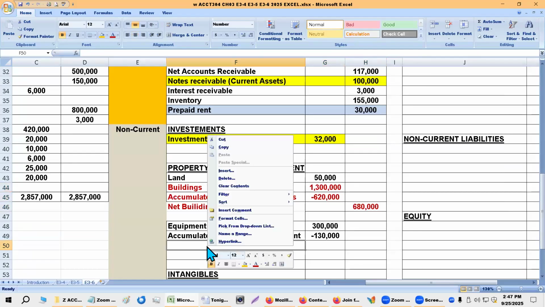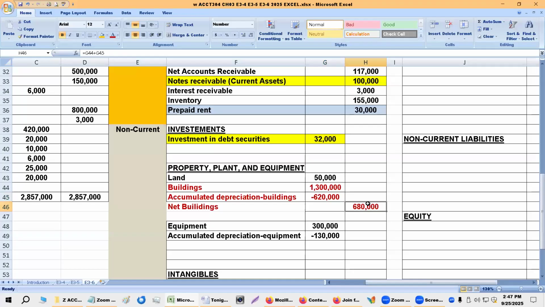And we do the same thing for the equipment. A little less than half depreciated. We'll add these up later.